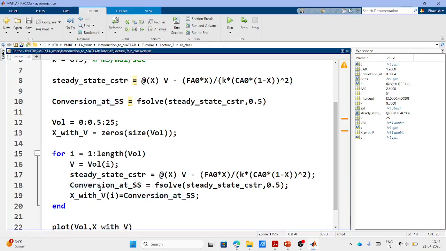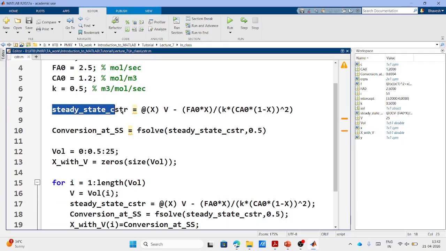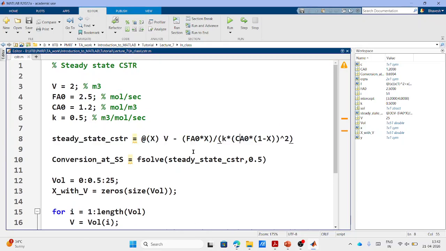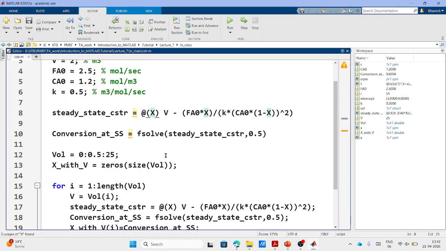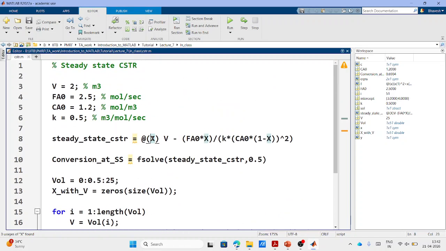The issue was that in this code we had first defined the steady state CSTR function, right? So this function is defined in terms of the conversion x, where we are supplying the value of volume, flow rate, Ca0, right?